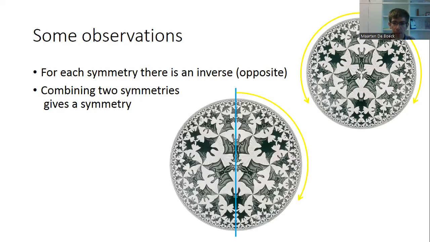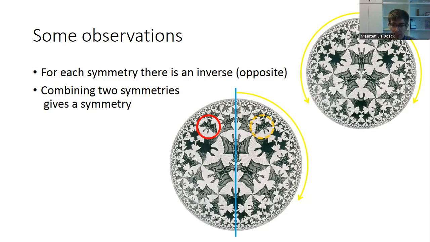So we look at the previous object, this Angels and Demons by Escher. If we combine a vertical reflection and this rotation, we must get a symmetry. Let me think about it. What could it be? So I will highlight this small demon here.